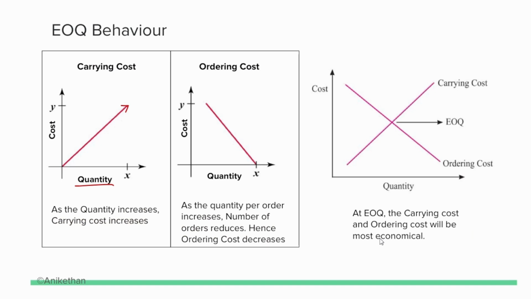However, for the ordering cost, as the quantity per order increases, you have to place fewer and fewer orders. So if you are placing fewer orders, definitely your ordering cost comes down. If you place both graphs together, they will intersect at a point. This point is EOQ. At this point, if you measure the total cost, your ordering and carrying cost are optimized.